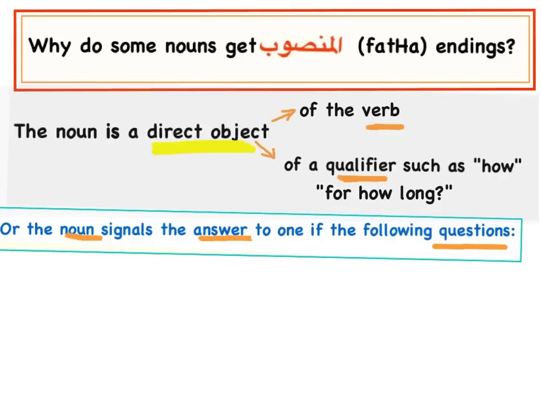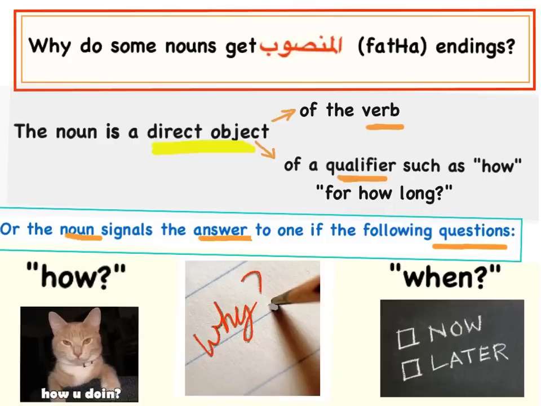Or as we said, the noun signals the answer to one of the following questions: when, متى, why, لماذا, how, كيف. And the answers to the questions would be in Mansoub, with a fatha ending.